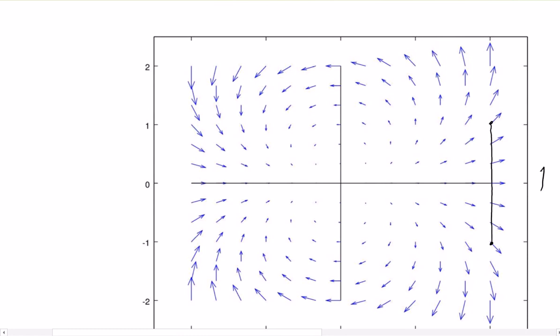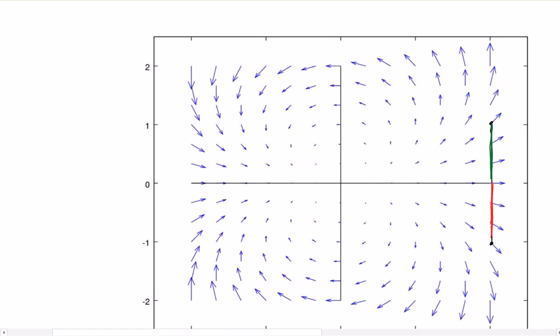So now our velocity vector is always pointing straight up. So as you can see, for the first part of the path, the arrows are pointing down, so the dot product will be negative. And for the second part of the path, the vectors point up, so the dot product will be positive. So a very similar situation to what we had in the last part.